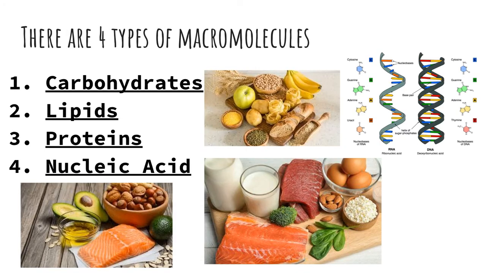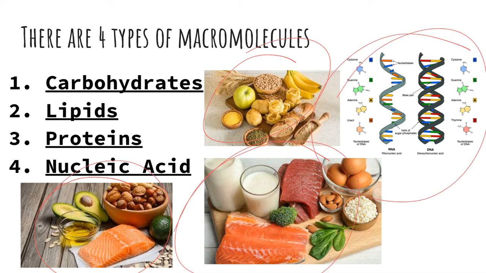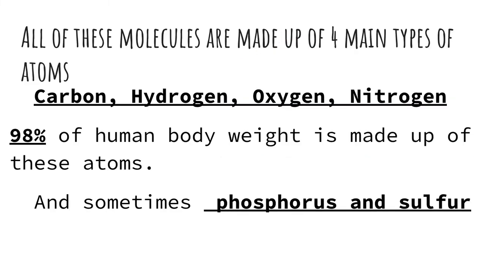So there are 4 types of macromolecules. We talked about them before: carbohydrates, lipids, proteins, and nucleic acids. And you can see those 4 examples here. Here's our carbs, over here is our lipids, here's our proteins, and lastly our nucleic acids. As we've talked about in previous presentations, we know that these macromolecules, these biological polymers, are made up of 4 main types of atoms: carbon, hydrogen, oxygen, nitrogen.